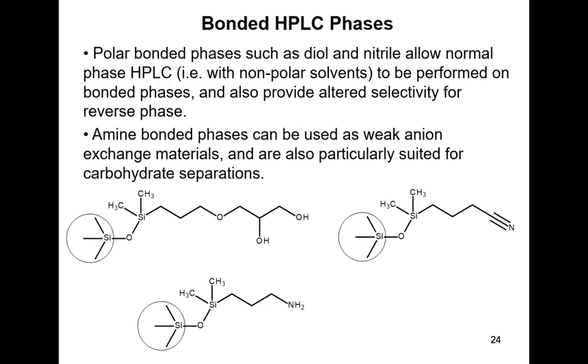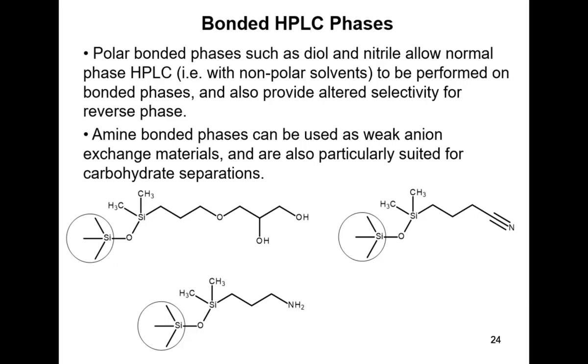Then you can have amine groups attached at the surface. Again, this can be involved in ion exchange chromatography, but it doesn't carry a permanent positive charge. It's going to depend on the pH whether that's charged or not. And I've found this comment in textbooks that they've been developed for carbohydrate separations, but it's never really been explained terribly clearly why. I've speculated that it might involve particular hydrogen bonding networks with the OH groups in carbohydrates.